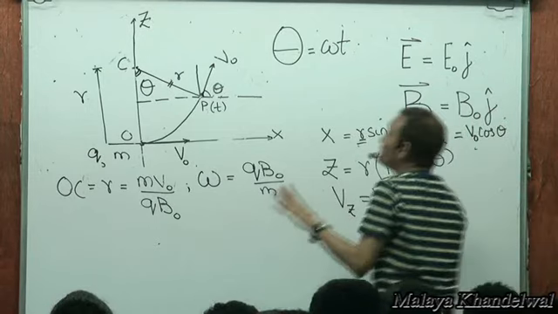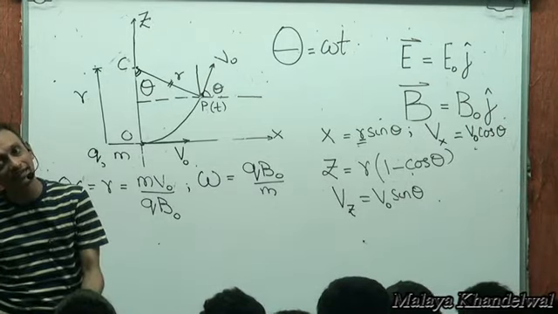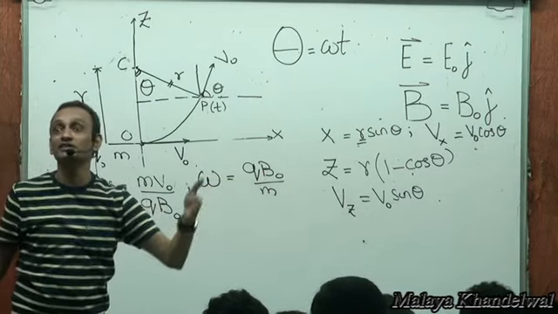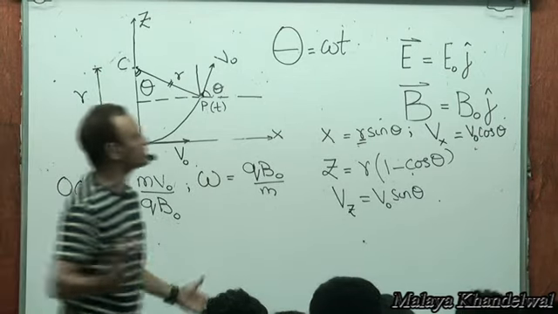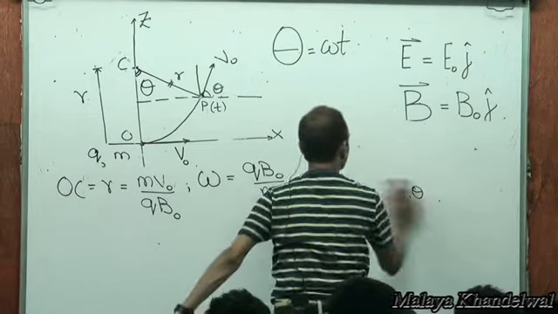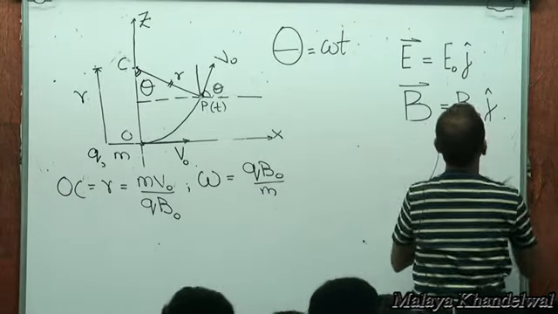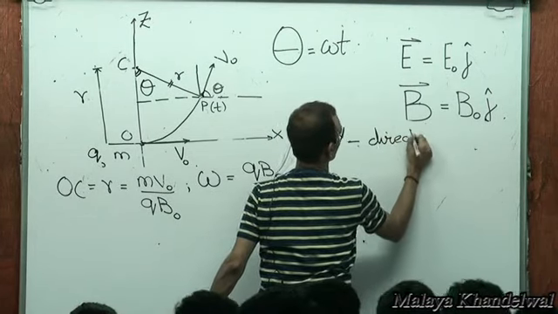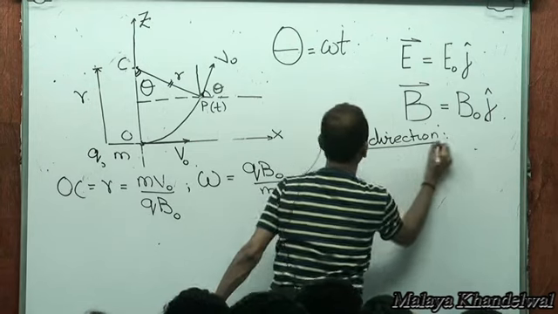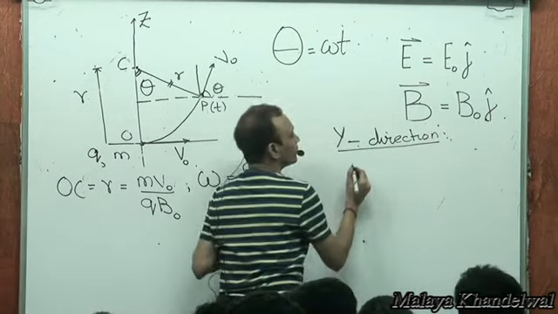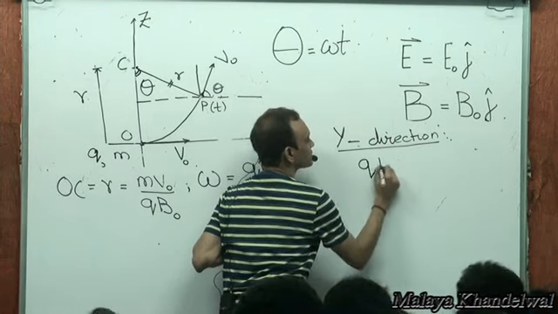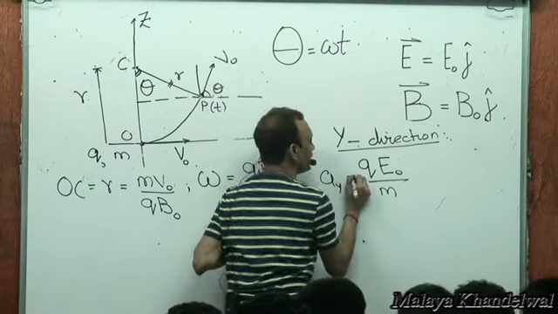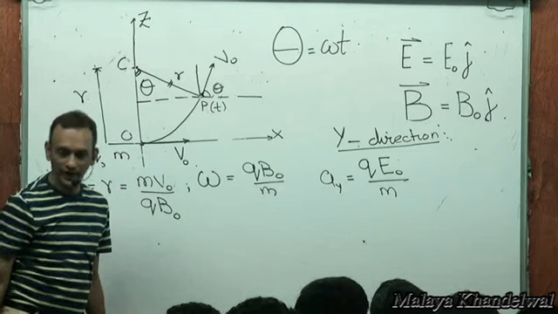So now that's simple, because in the y direction it's only the electric field that is acting. The electric field exerts a force qE0 in the y direction, therefore produces an acceleration qE0 by m in the y direction, right? So in the y direction, the electric force that acts is qE0, divided by m, that's going to give me the acceleration in the y direction, right?